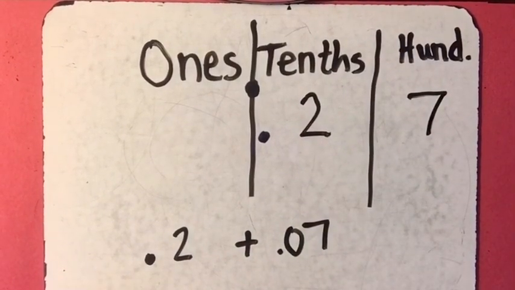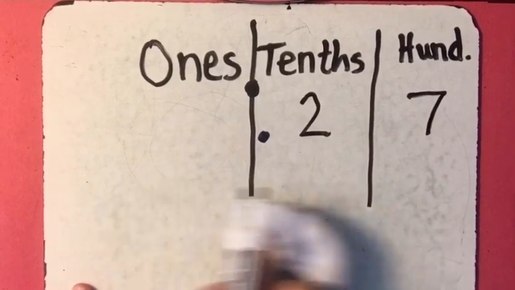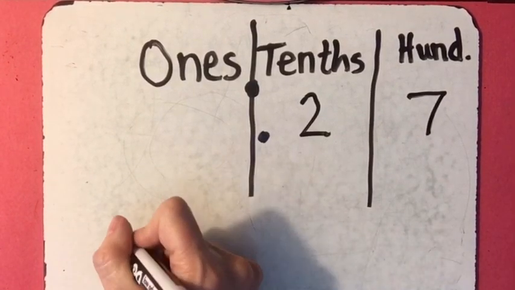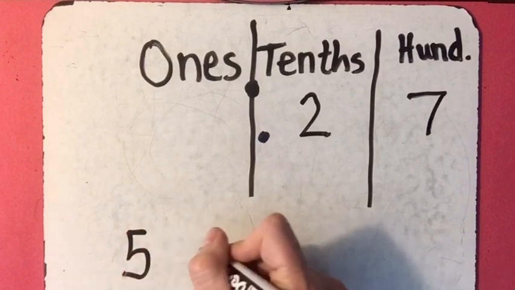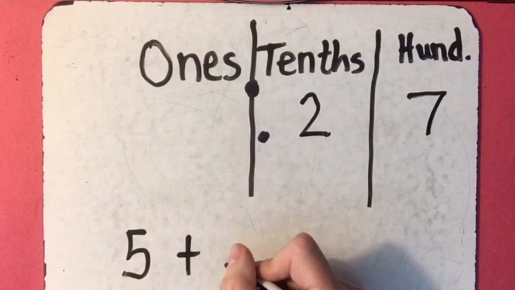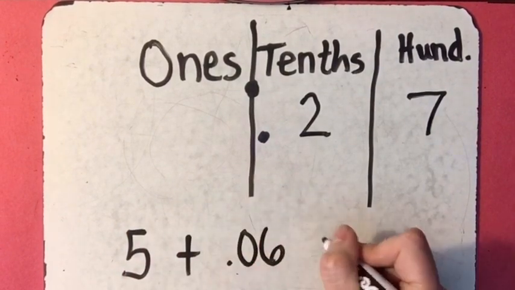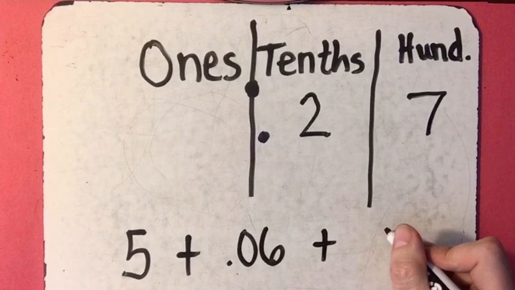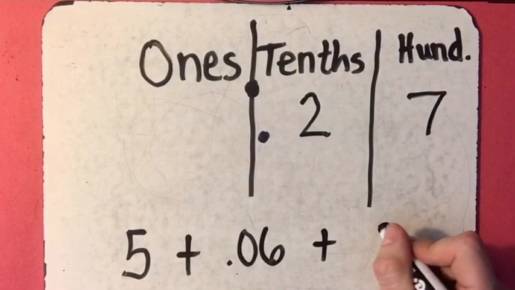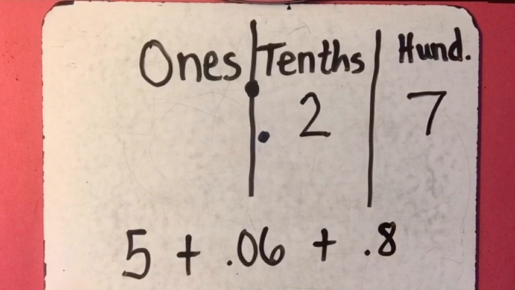Okay, let's try another one. Let's add a whole number in here. Let's do 5 plus 6/100 plus 8/10. Go ahead and plug these digits into the correct place value, and if you want to pause, go ahead.